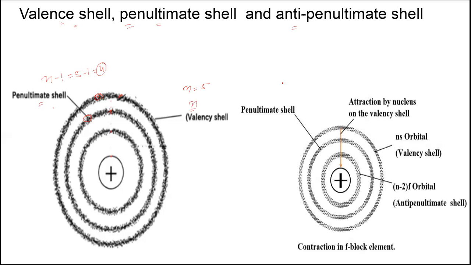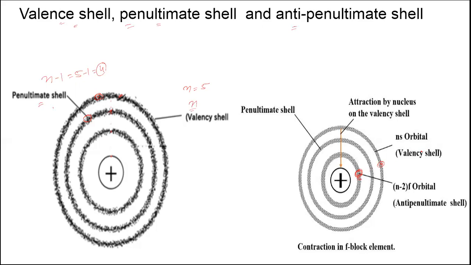Now we will discuss anti-penultimate shell. Anti-penultimate shell is 2 or second before the valence shell. This is the valence shell and before 2 it is a anti-penultimate shell.